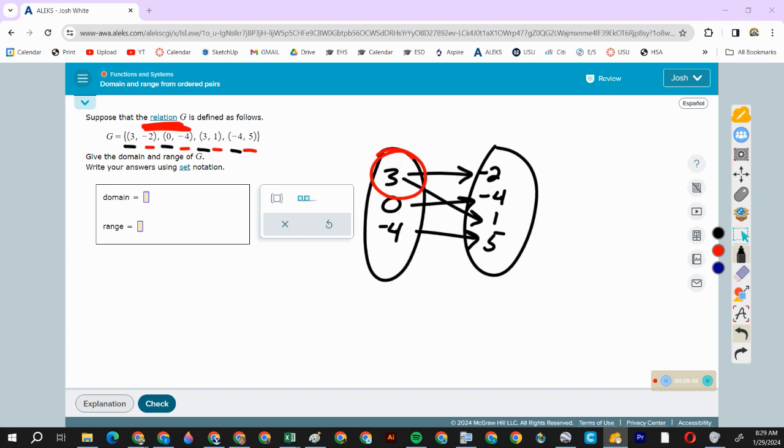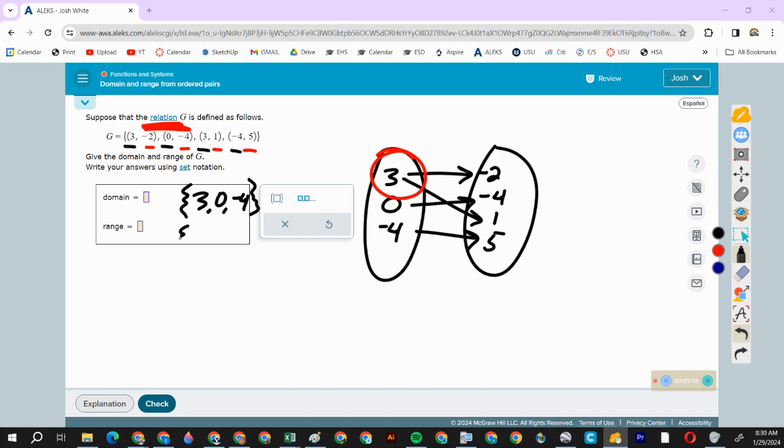Okay? So in this relation, what is the domain? Well, anytime our answer involves a list of numbers, then we use those funny little parentheses. So the domain is going to be funny little parentheses 3, 0, and -4.